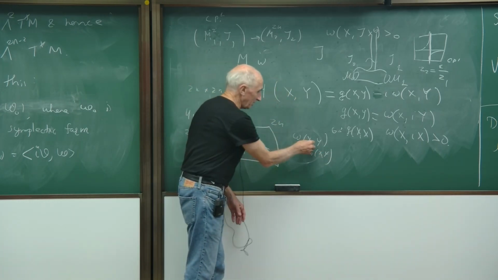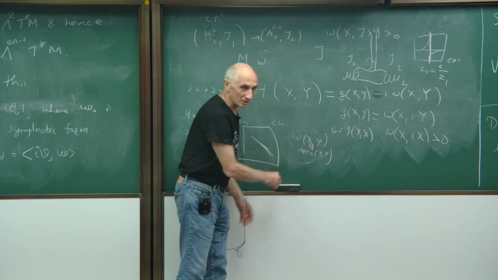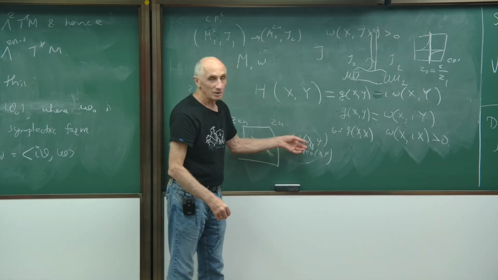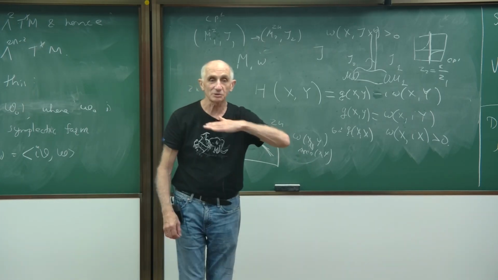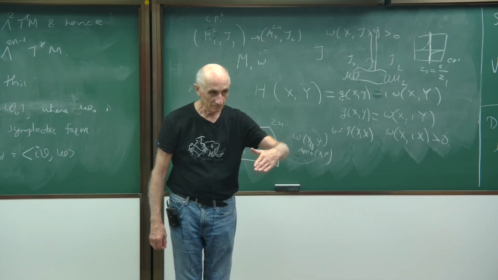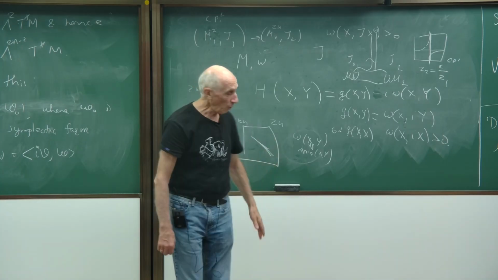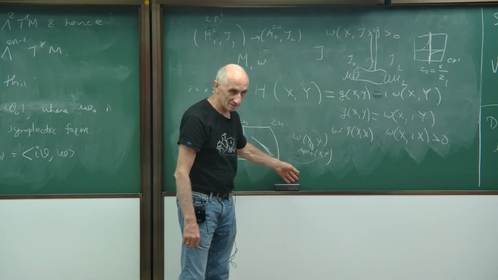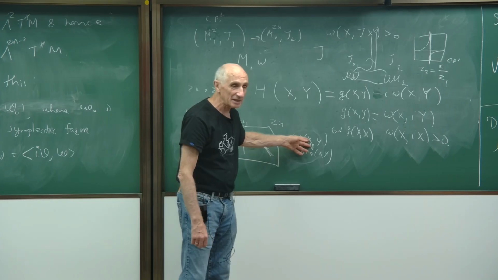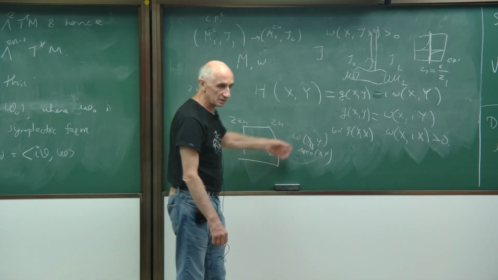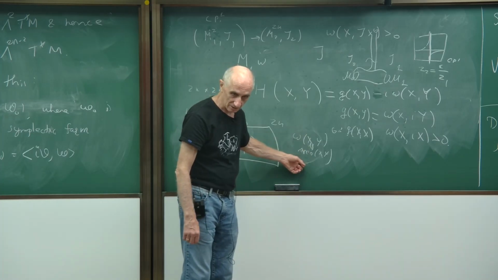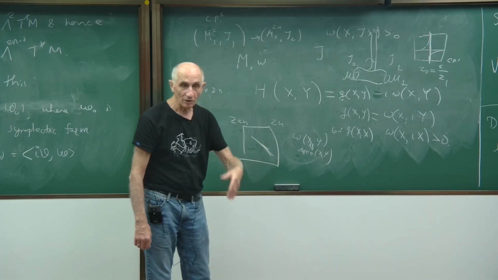You always have one less than or equal to the other, and equality happens if and only if this direction is complex. So the symplectic area is always less than or equal to the area, and for holomorphic curves they are equal.